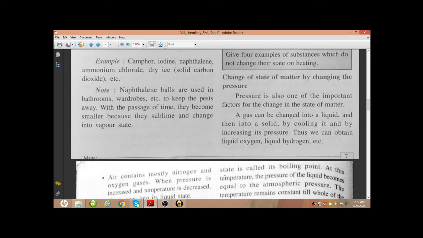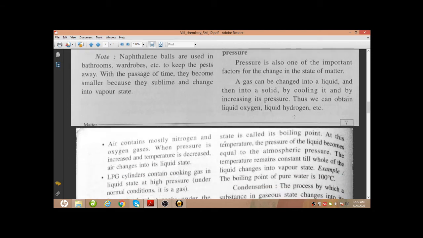From gases, generally if we apply pressure on the gases, they will convert to the liquid form. During the applying of pressure, the particles come closer, so their movement will decrease, their kinetic energy will decrease, and their force of attraction will increase.